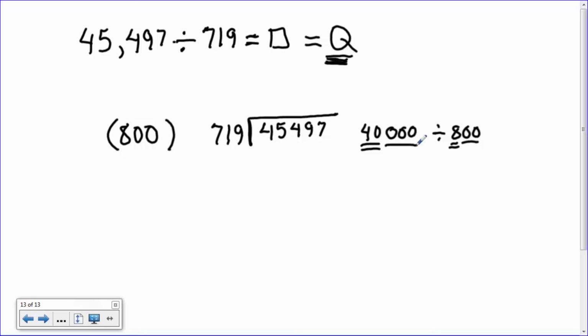So I split my divisor into 8 and 100, and I split my dividend into 40 and 1,000. So 8 into 40, that's 5. And then 100 into 1,000, that's 10. So my first approximate quotient is 50. I'm going to put the 50 right here.